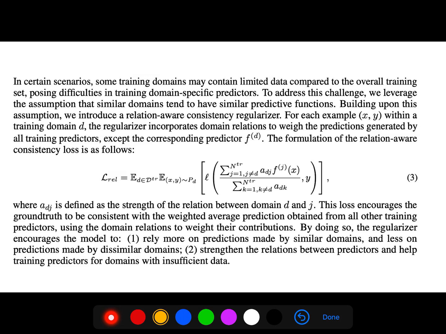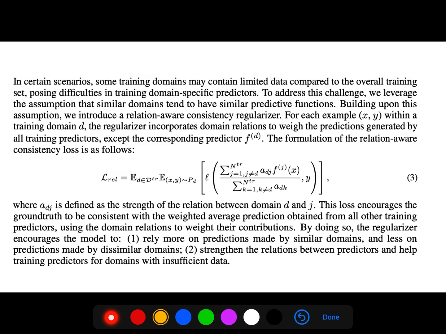Building upon this assumption, we introduce a relation-aware consistency regularizer. For each example within a training domain D, the regularizer incorporates domain relations to weigh the predictions generated by all training examples except the corresponding predictor.